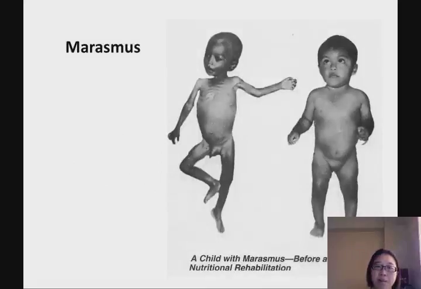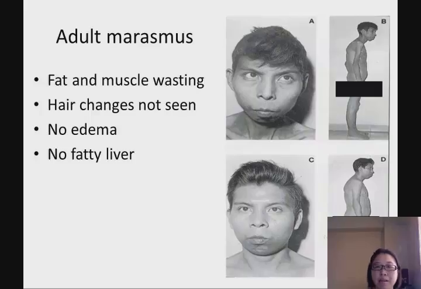So this is how a marasmus kid looks, how skinny this kid was, but after treatment this kid is back to normal weight. And adults also have marasmus. What happens again is sometimes it's caused by deprived energy. So which patients have severe energy deficiency?